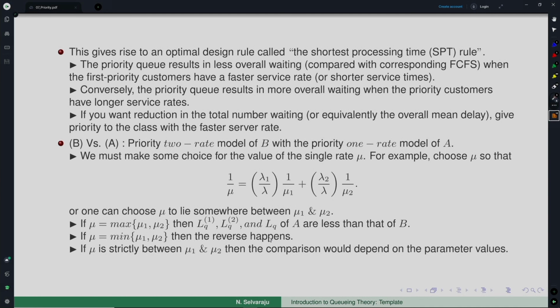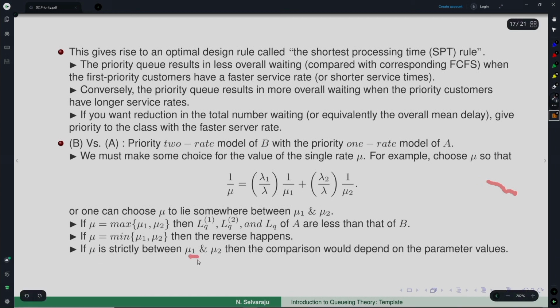Now, if you ask what would happen for such quantities, where 1 by mu lies between 1 by mu1 and 1 by mu2, which model will perform better or worse depends on the parameter values lambda 1, lambda 2, mu1 and mu2.